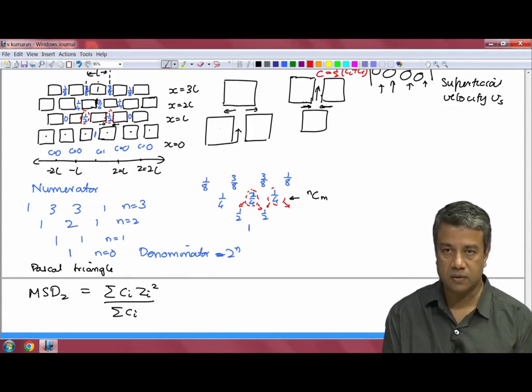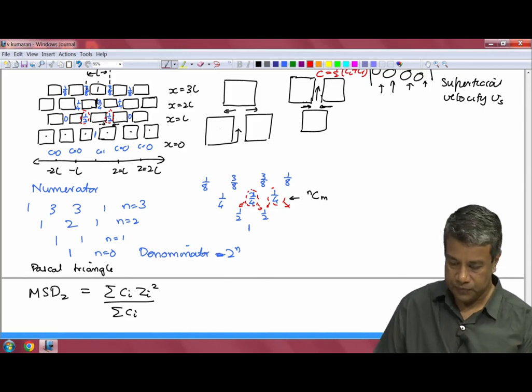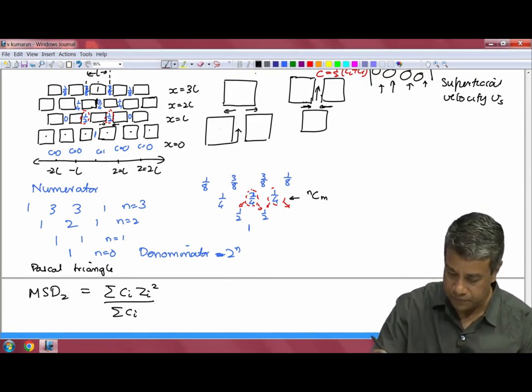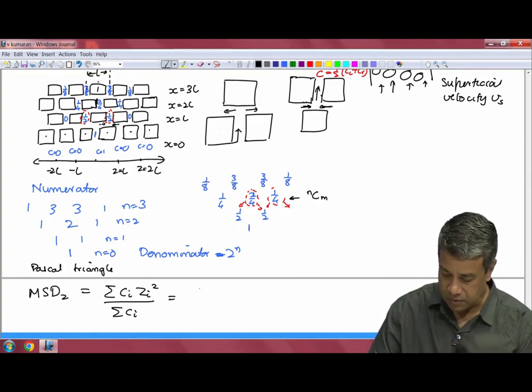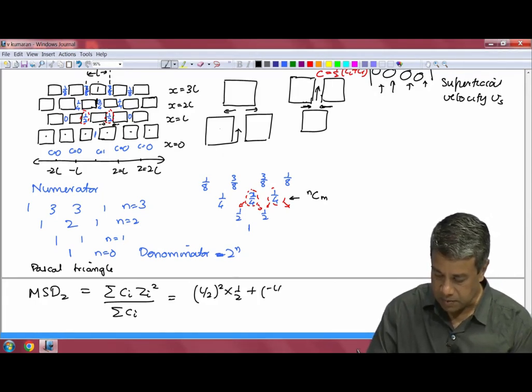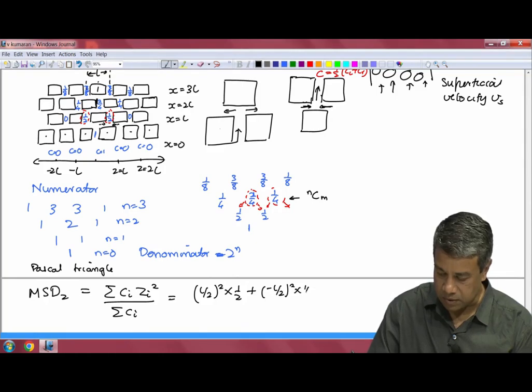So, Zi is equal to L by 2 in this case. So, for the first row I can write it as L by 2 the whole square into 1 by 2 plus minus L by 2 the whole square into 1 by 2.